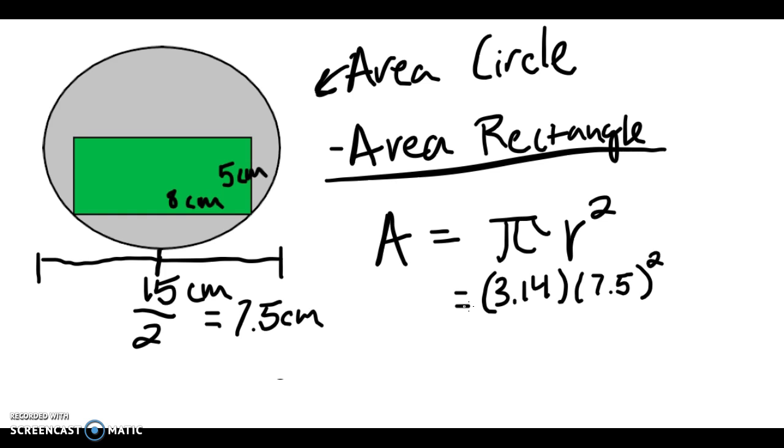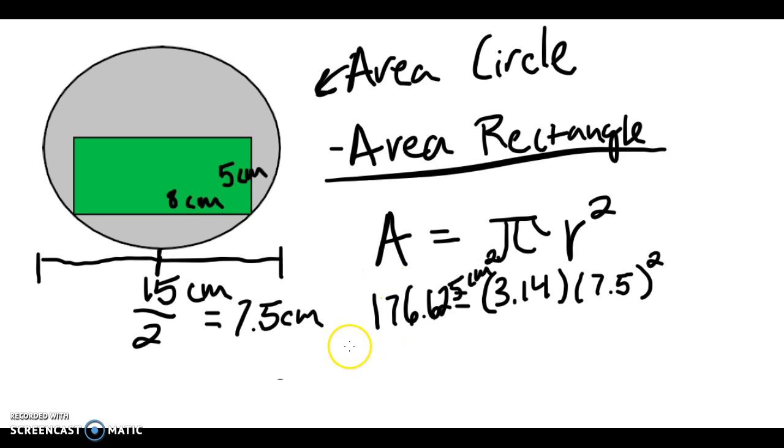If you guys haven't already copied this formula page and have it next to you, I would suggest you do that because it helps quite a bit. So 3.14 times 7.5 to the power of 2, and we get an area of about 176.625 centimeters squared, right? Squared because it's area.